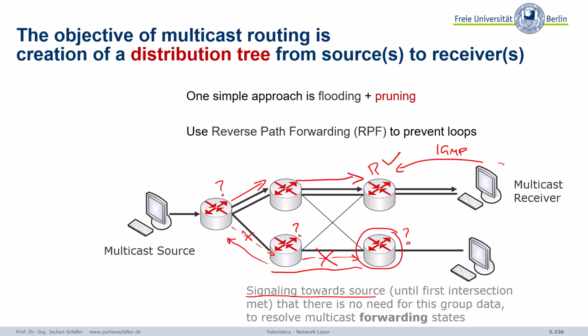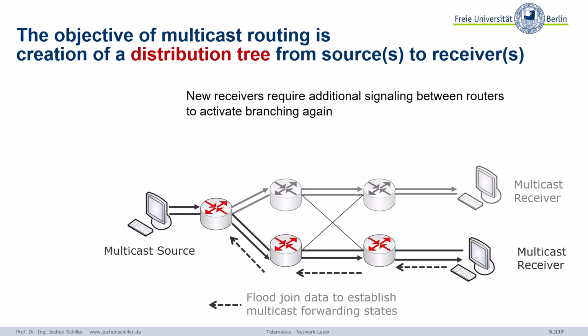But what happens if we want to participate? Then the new multicast receiver here says, using IGMP, I'm interested, to the first router. And then we need additional signaling telling, oh yes, along this Unicast path, we want to participate. And then this router says, okay, I'm not participating, then I want to participate.